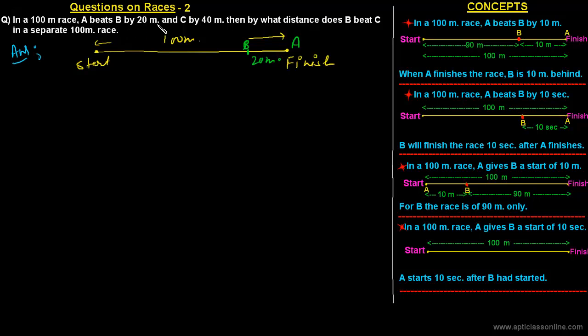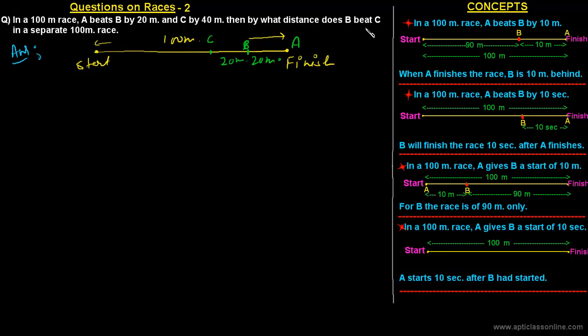So A beats B by 20 meter and C by 40 meters. So B is 20 meters behind and C is 40 meter behind. So C is a further 20 meter behind B. Okay, so we have shown this information with the help of this diagram.